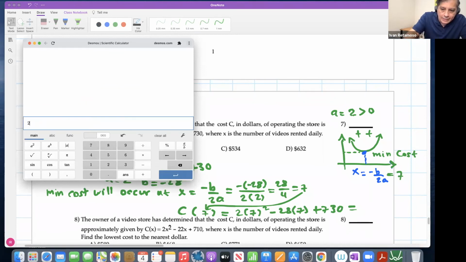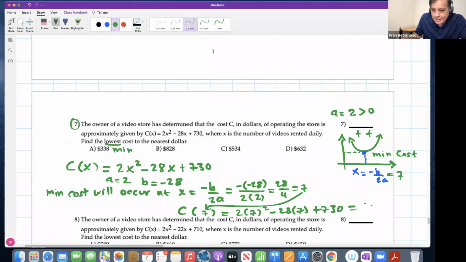So 2 times 7 squared minus 28 times 7 plus 730, right? 632. In the end, attach the unit dollars, right? $632. This is what the minimum cost is, right? Very good.